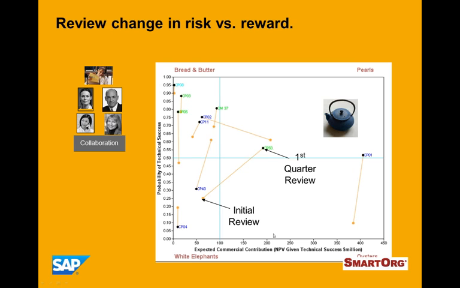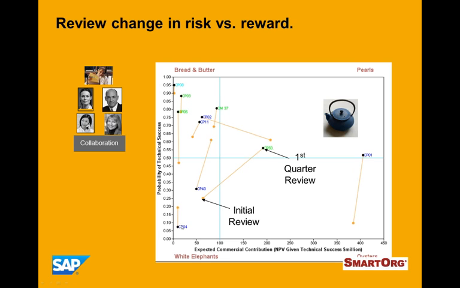What commercial value can we get out of it? This will plot all the projects that are in the portfolio based on those factors. Now, you will see in the orange lines here, this tracks one analysis versus the other analysis.